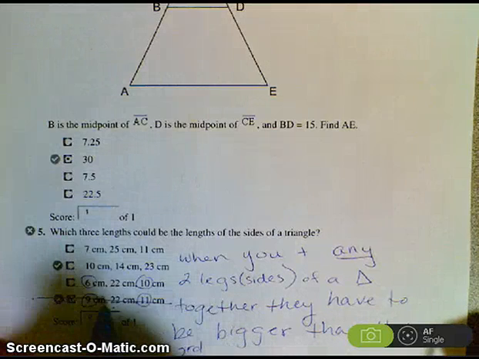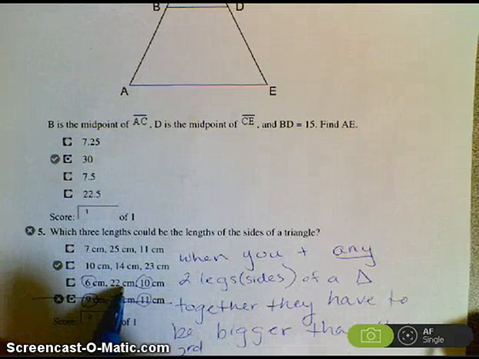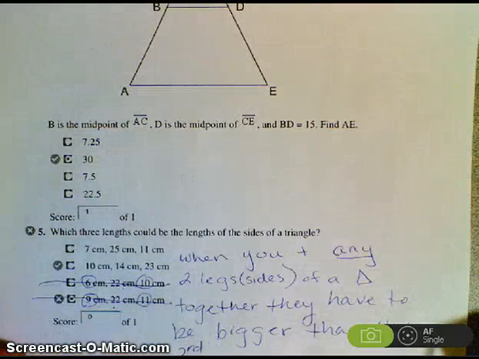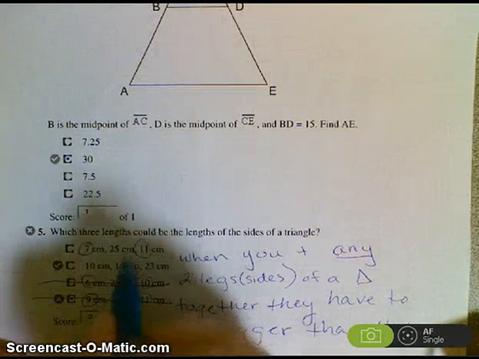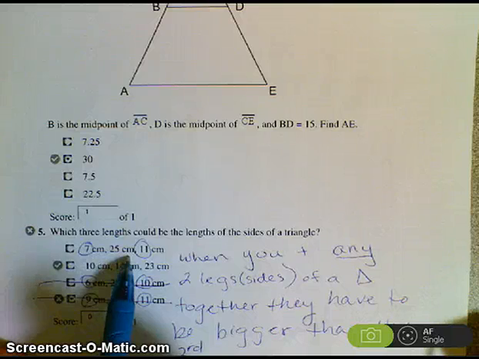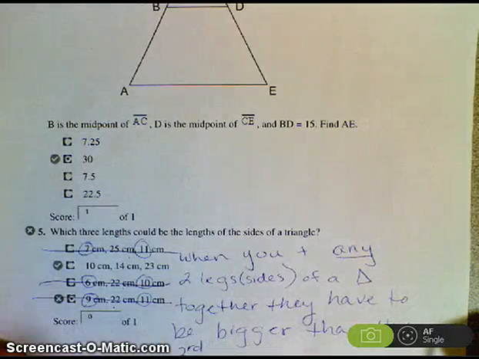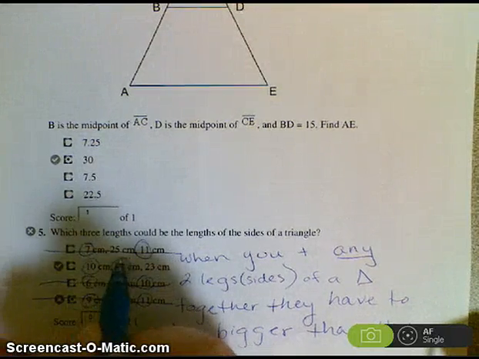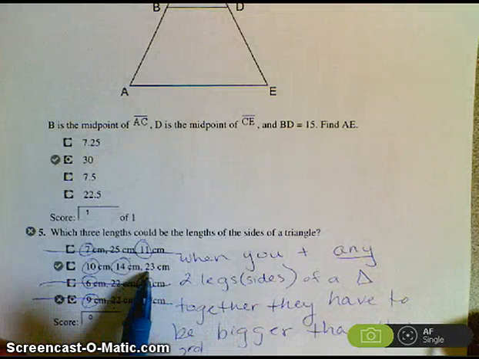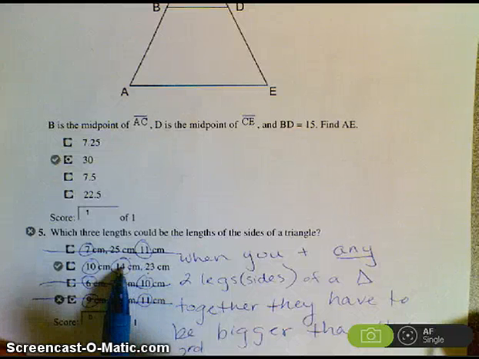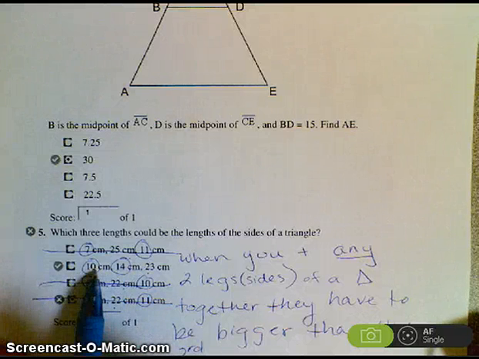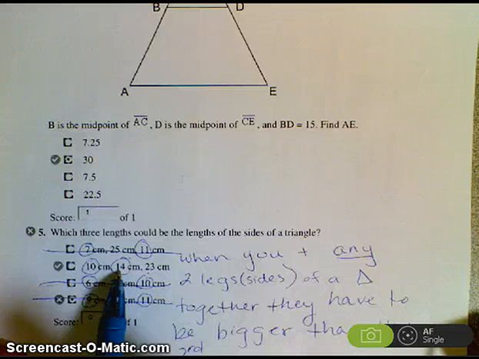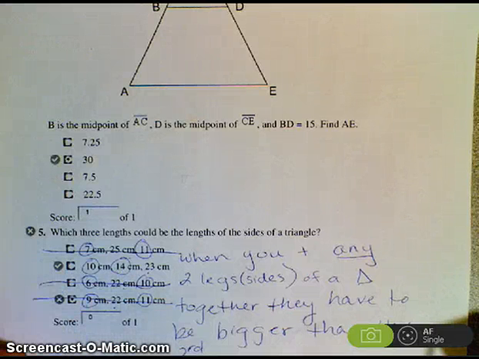6 plus 10 is also not bigger than 22, and that one does not work. 7 plus 11 is not bigger than 25, that one does not work. 10 plus 14 is bigger than 23, since it's 24, and any other way you would add these numbers together would be bigger than the third one, which is why that answer is correct.